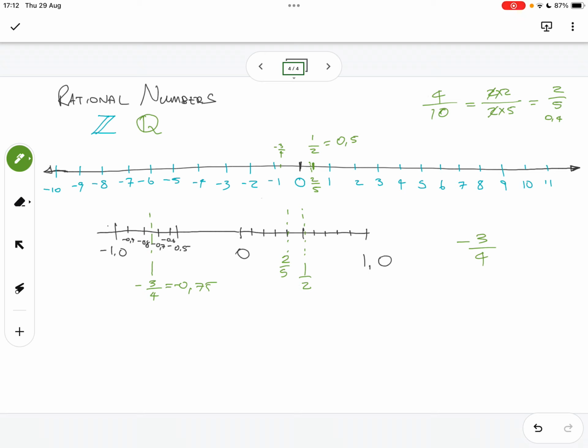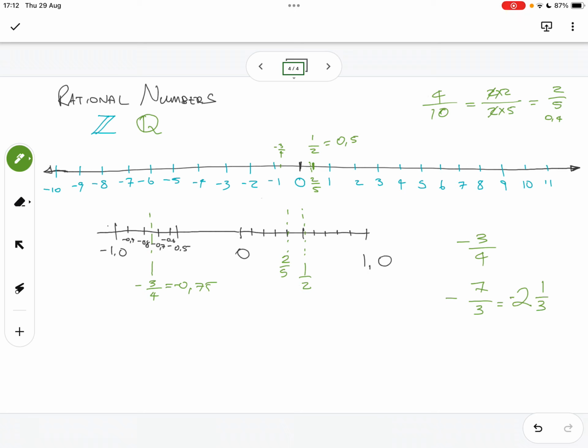-3/4. What happens if we have -7/3? When we do this calculation, we'll say how many times does 3 go into 7? 3, 6, it goes twice, and then it leaves 1 out of 3, right?